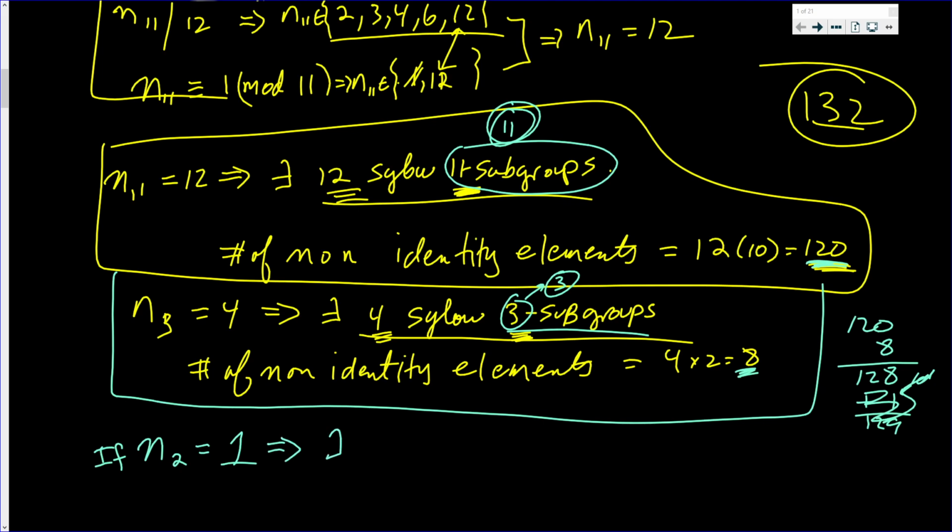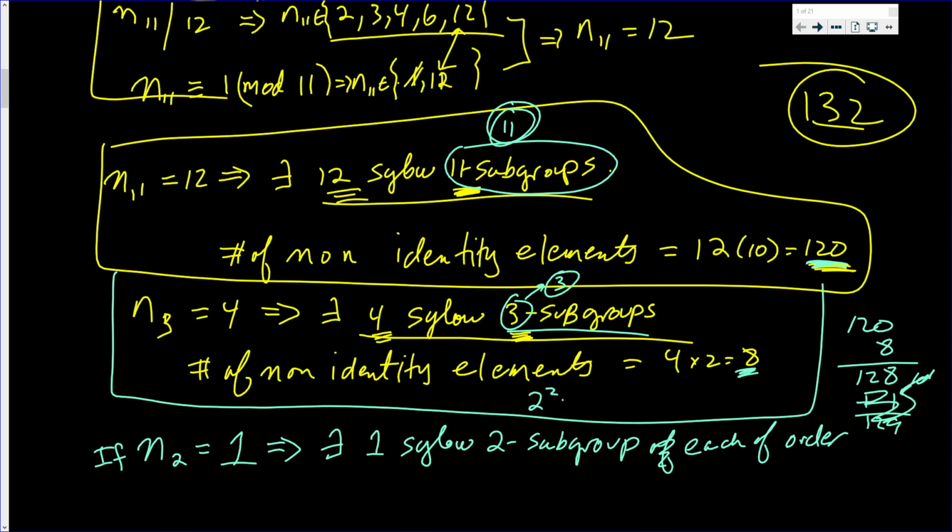That implies that there exists one Sylow 2 subgroup, each of order. Remember, the order of the group was 2 squared times 3 times 11. So the Sylow 2 subgroups are each of order 4.